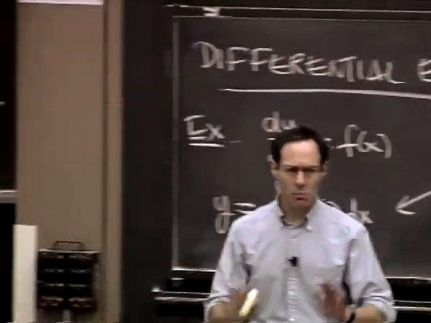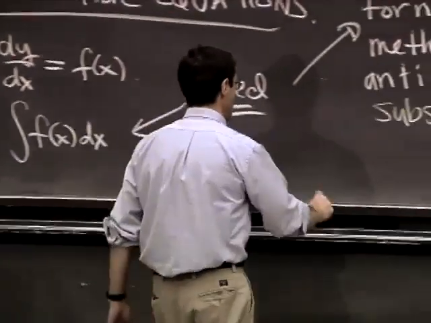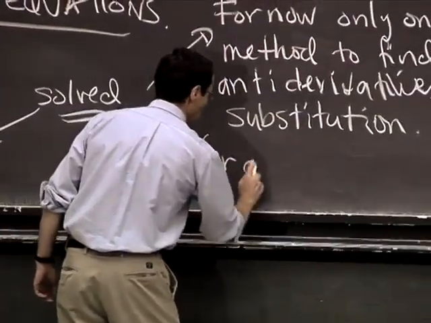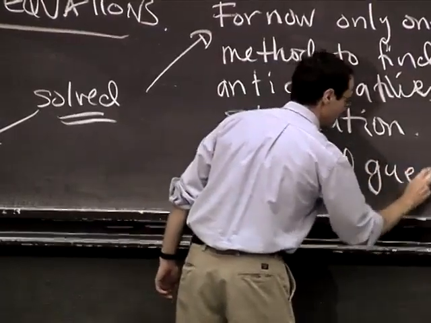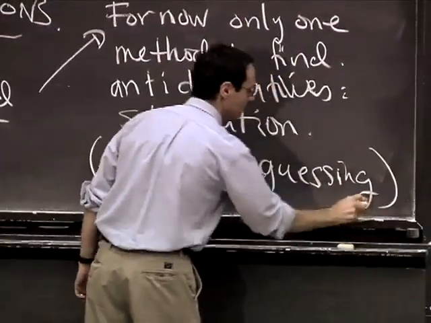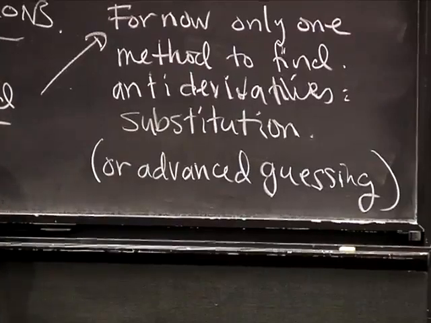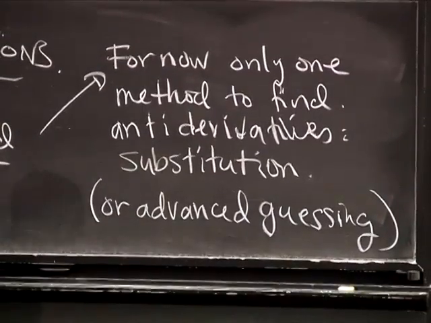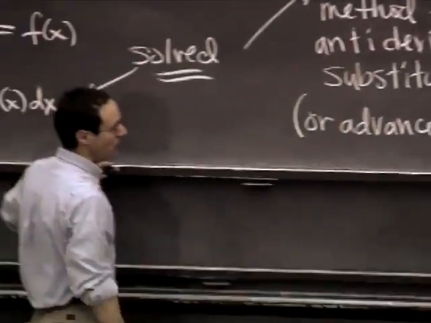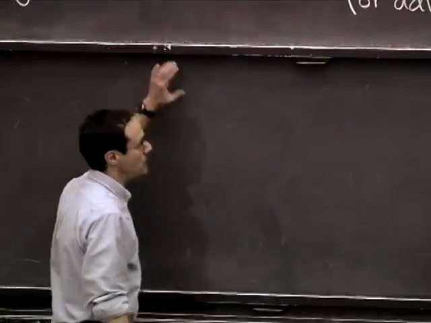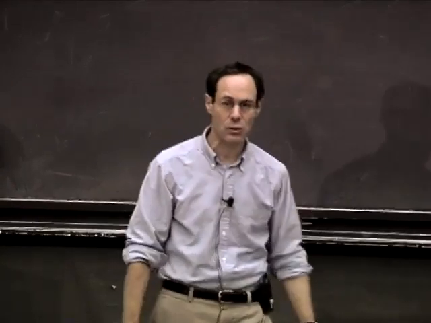It has a very small variant, which we called advanced guessing. And that works just as well. And that's basically all that you'll ever need to do. As a practical matter, these are the ones you'll face for now, ones that you can actually see what the answer is, or you'll have to make a substitution.